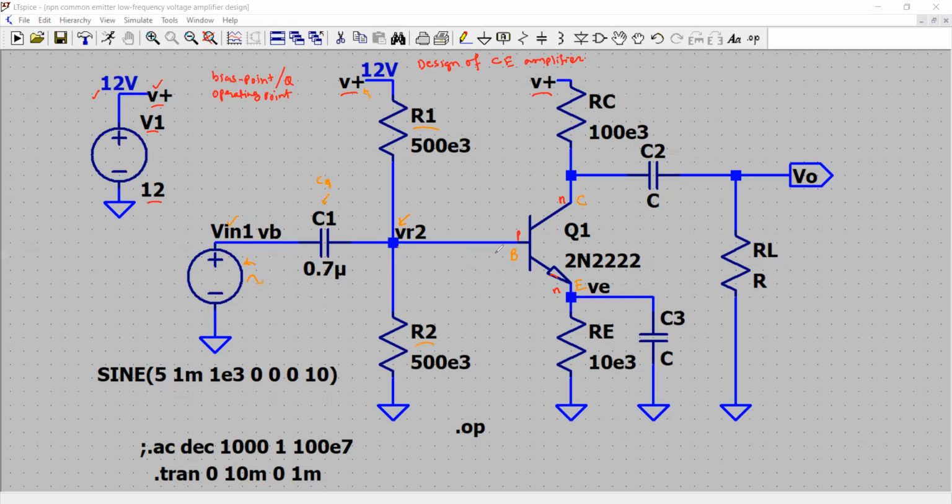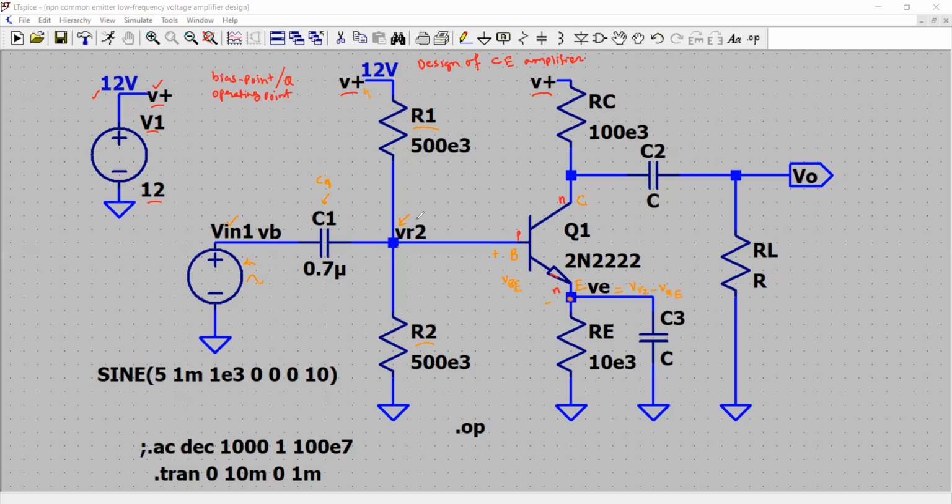And then I know the base voltage is positive with respect to the emitter, so there will be a small drop of voltage across this PN junction, which is the base emitter junction of the NPN transistor, and that voltage drop is VBE. Then the voltage at this node VE is basically VR2 minus VBE.